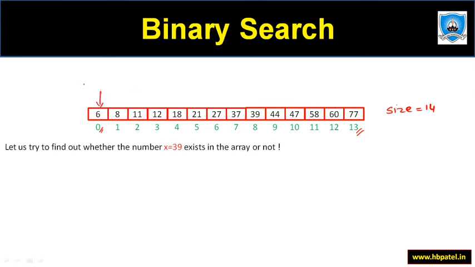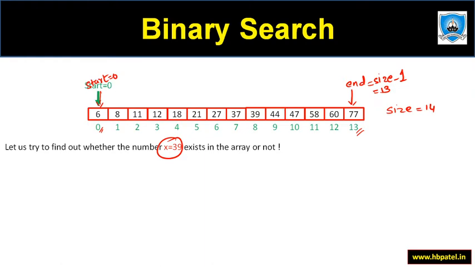Suppose this is your start, so start is equal to 0, and this is your end, end is equal to 13, or end equal to size - 1, which is 13. Now supposing you are looking for 39. How are you going to search in the case of binary search? If it was linear, we would have started in this way, but this is binary, and if you carefully look at this array, you can see that all elements are in sorted form, starting from the lowest all the way up to the highest at the end.